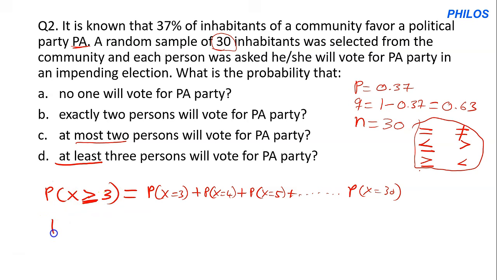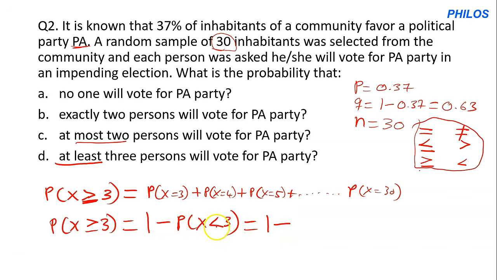So it goes like this. Probability that x is greater than or equal to 3 should be equal to 1 minus its opposite. So what is the opposite of greater than or equal to? It is less than, isn't it? So it should be 1 minus probability that x is less than 3. If you're able to write this, you are gone. So this will give us 1 minus, so let's break this down.